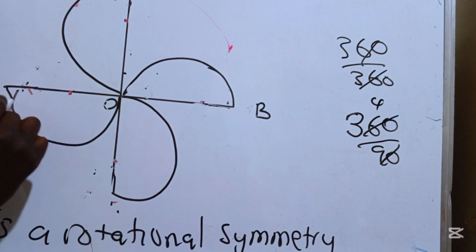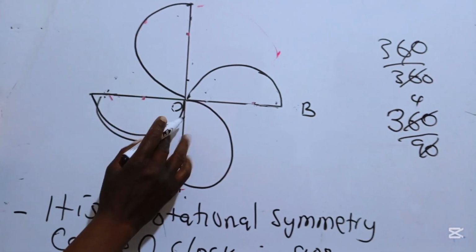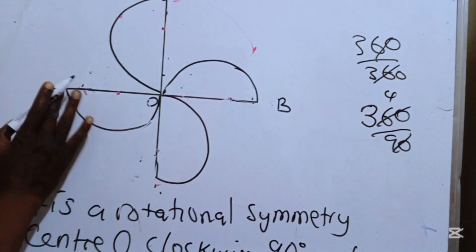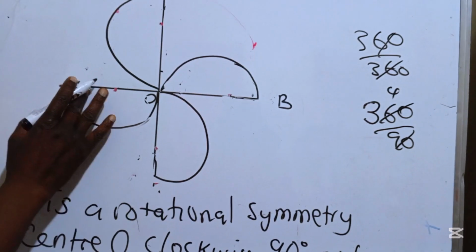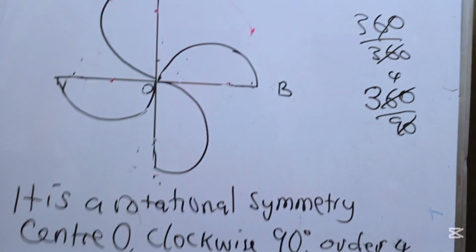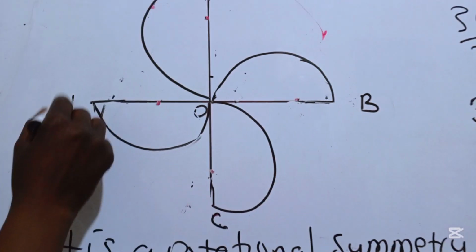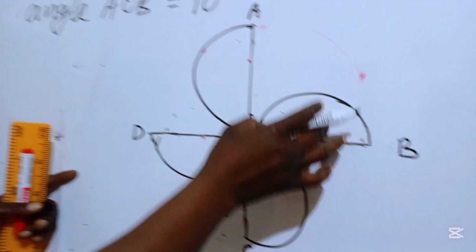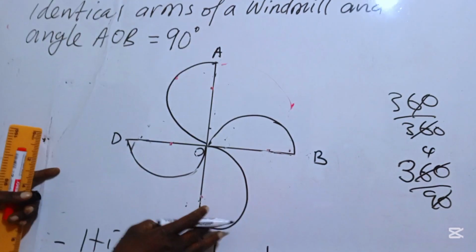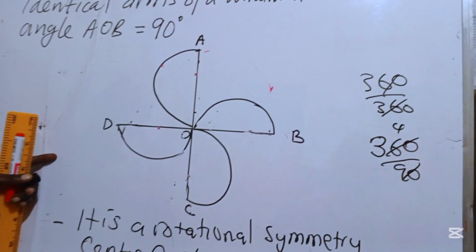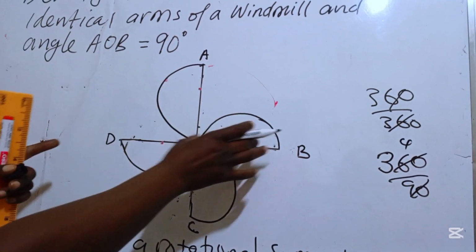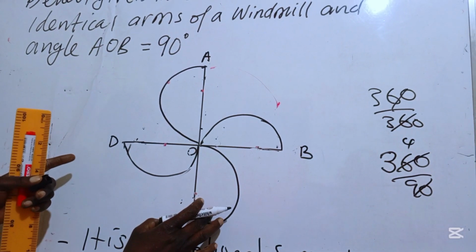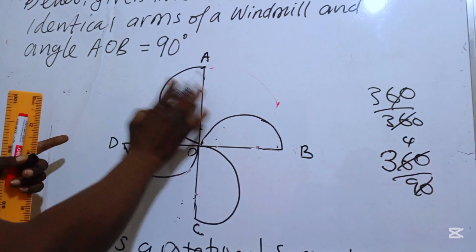So please, ladies and gentlemen, these are some of the things we should not get scared of. We're just talking about the same thing. If you can see, here there was a C, here there was a D. So you can see that it just rotated from there to there, 90, from there to there. It fitted exactly, and this will fit here, and this one will fit there.